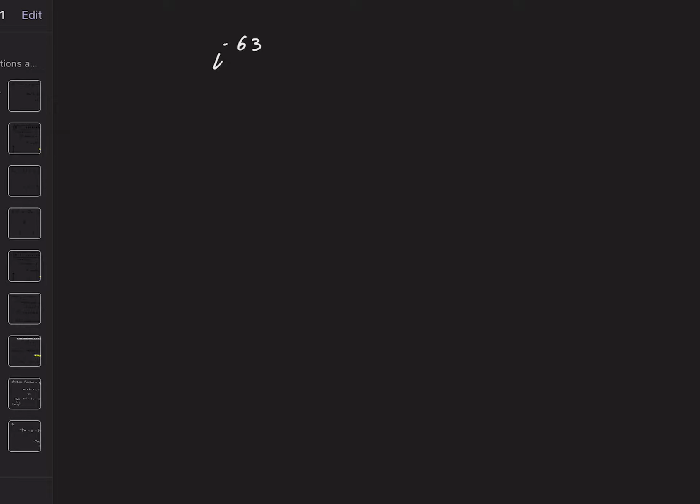So, as I've said before, a trick to finding out quickly what this i to the power of 63 actually is when simplified, simply divide by 4 and then find the remainder.